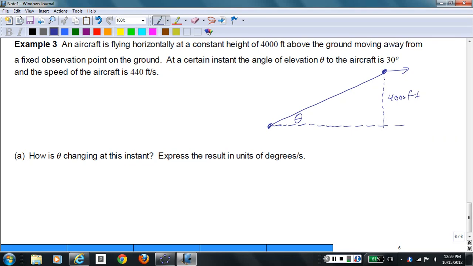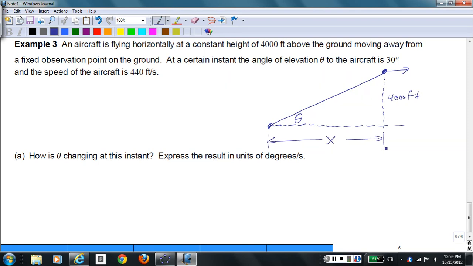I guess my question would be, what's x? The airplane's going like this, so it'd be some quantity that's parallel to the direction of the plane. So I'm going to say this is x right here.